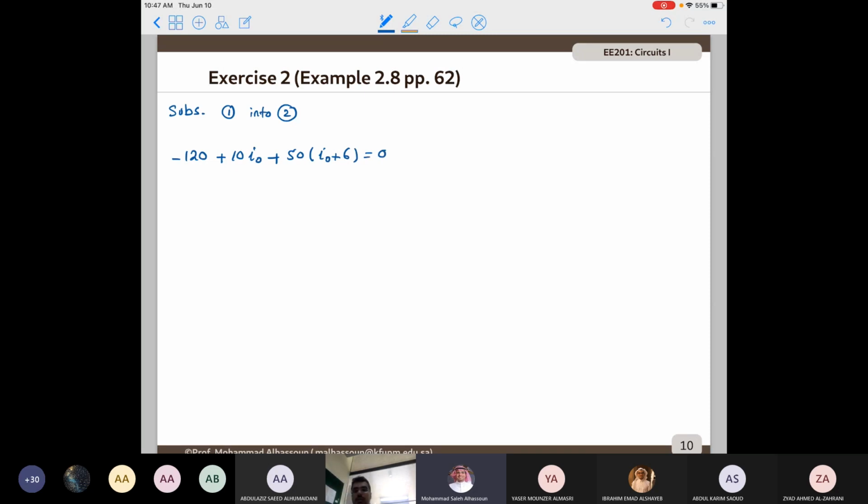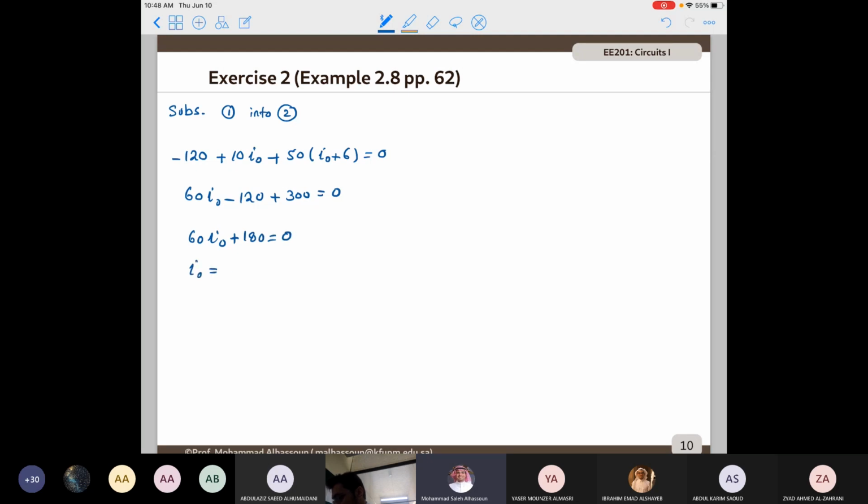We will see in future lectures that this could be simplified by directly solving in the calculator. So 60 I naught plus 180 equals 0.